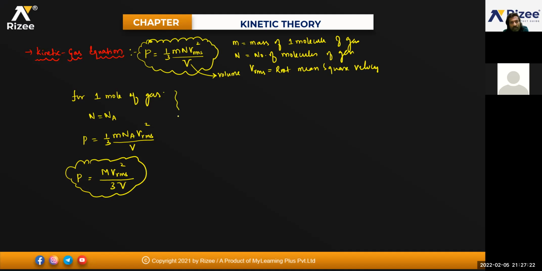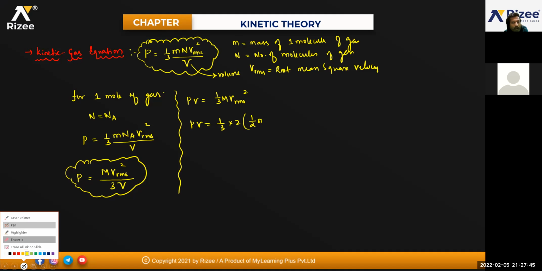That means PV will be equal to 1 by 3 into M into Vrms square. Or else I can write PV is equal to 1 by 3 into 2 into half M Vrms square, dividing and multiplying by 2. Half M Vrms square represents kinetic energy.